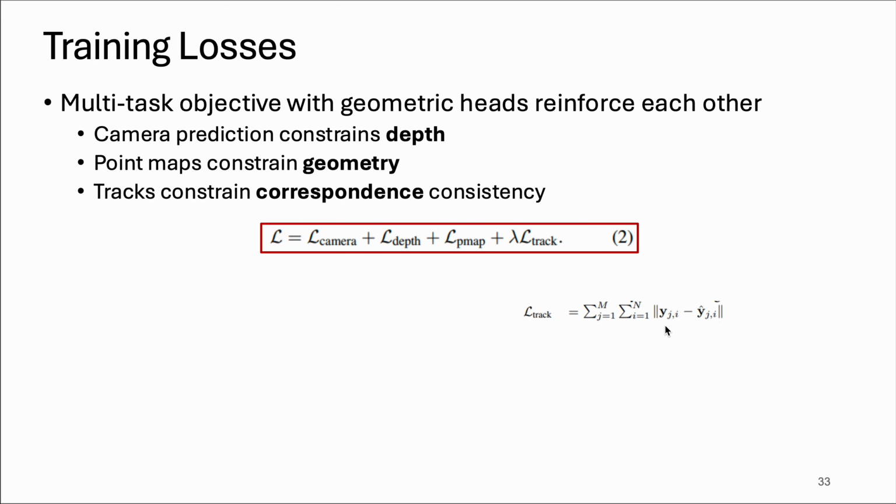The tracks term is just the distance between the ground truth point location and the predicted image point location. We notice that only one scalar, lambda, is added to balance the magnitudes of the terms. It looks like the rest of the terms don't need any parameters to balance their magnitude.